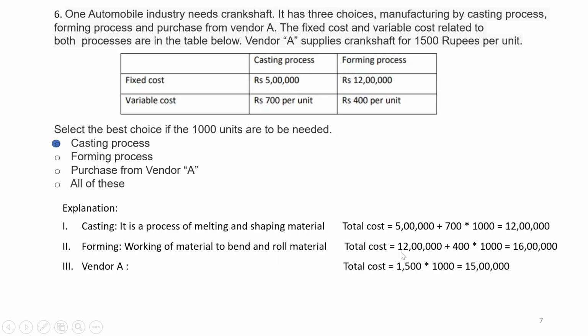Your fixed cost is 12 lakhs and your variable cost is 400. You multiply it with units, so it will be 16 lakhs. When you directly purchase, your total cost is 1500 times 1000, so it will be 15 lakhs. So the least cost will be from casting, so casting will be the answer.